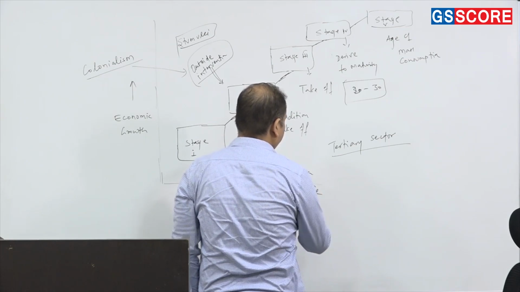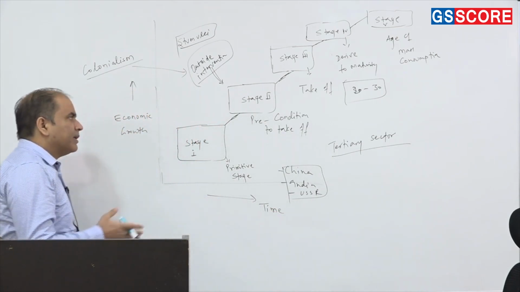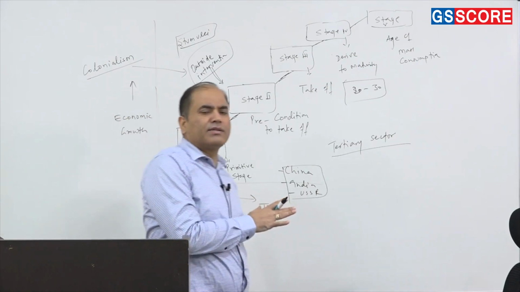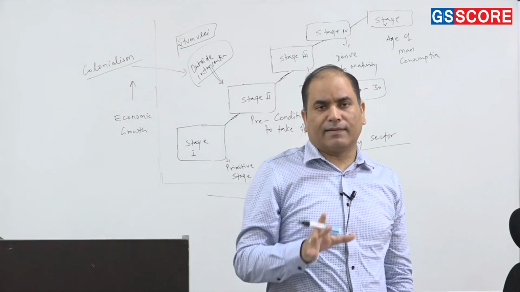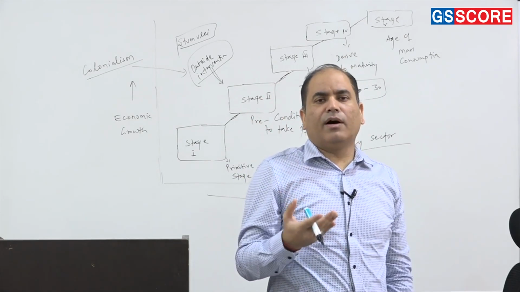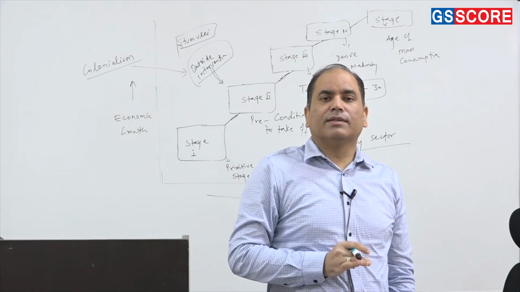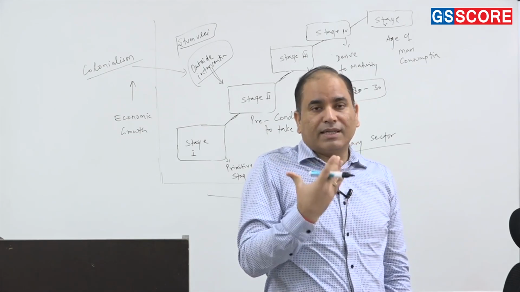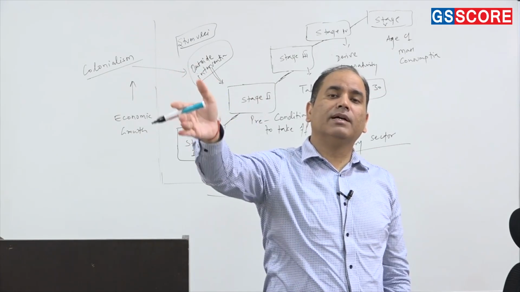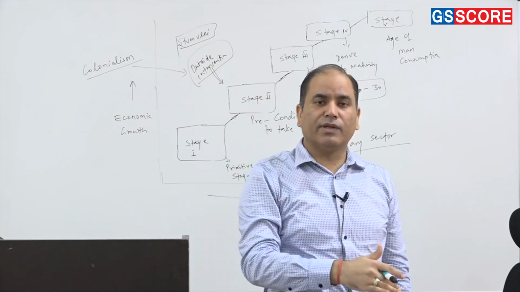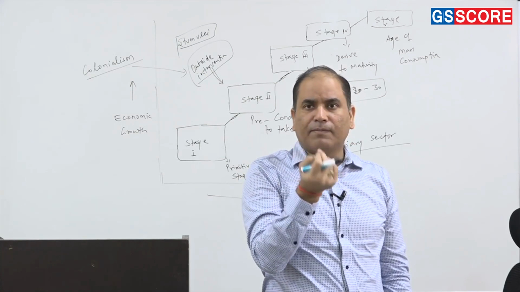So just try to understand that economic growth and economic development are not temporal in nature. Time cannot be a guarantee. Technological know-how, technological advancement, human capital, human resources, research and development, these are more important as compared to simply the outside influence.